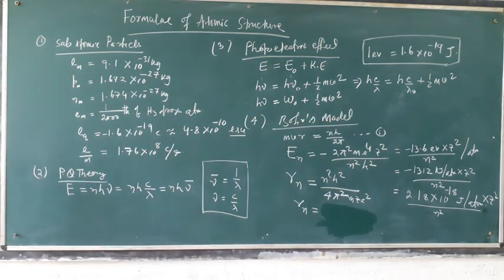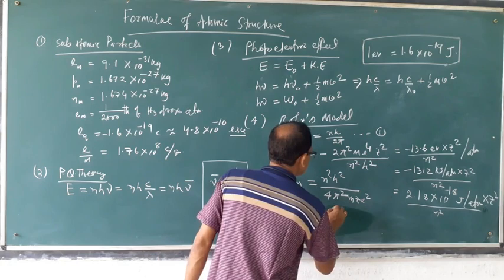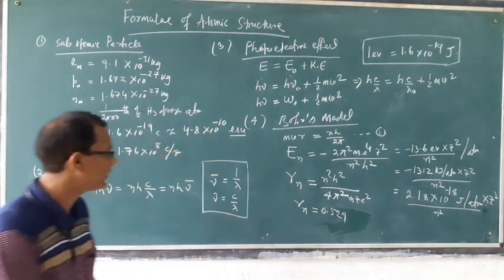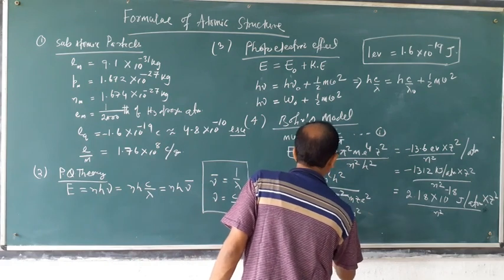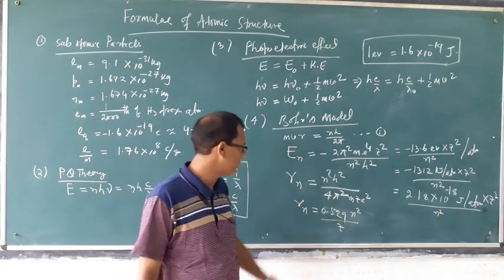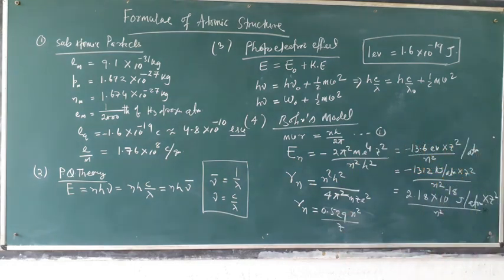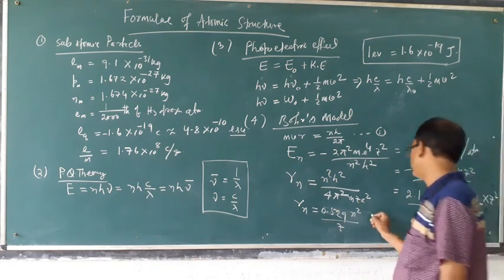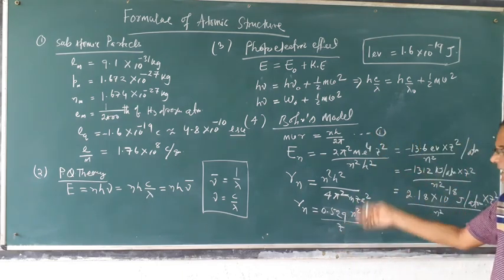If you calculate, it is Rn is equal to 0.529 into n square by Z. Here n is the number of shell, Z is the atomic number. 0.529 is the minimum distance. If n is equal to 1, Z is equal to 1, it is this much angstrom. This is the formula for any orbit, for any atom.